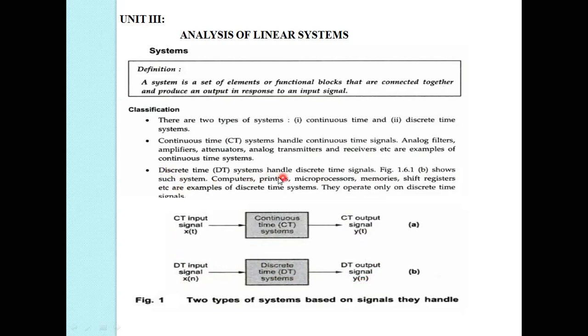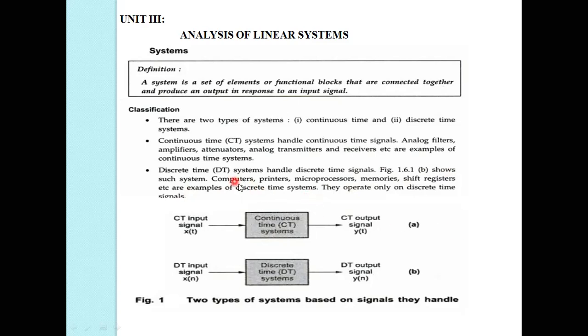Discrete time system handles discrete time signals, shown in figure B here. Computers, printers, microprocessors, memories, shift registers, etc. are examples of the discrete time system.